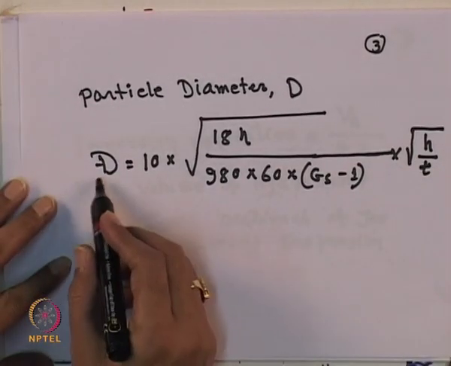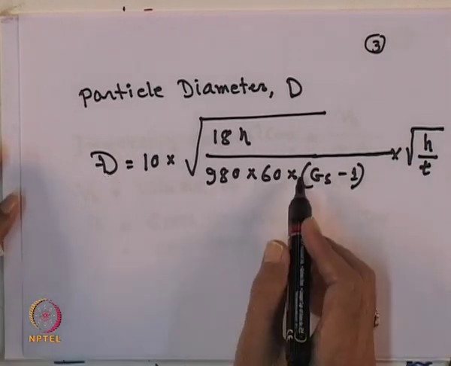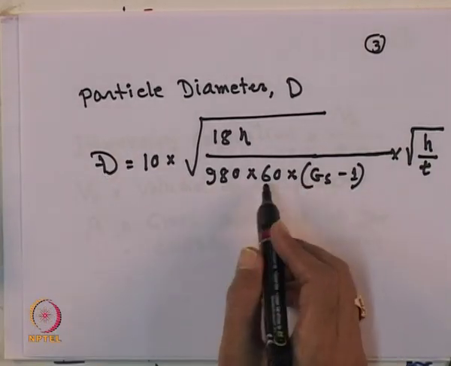So this particle size diameter D can be expressed like this.